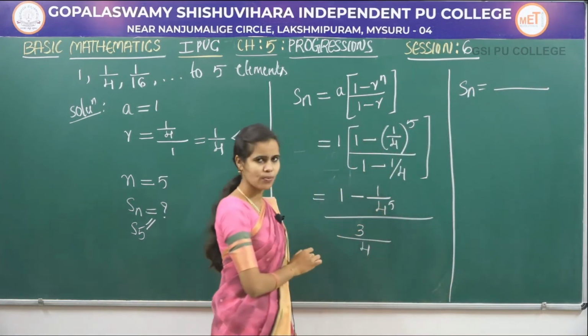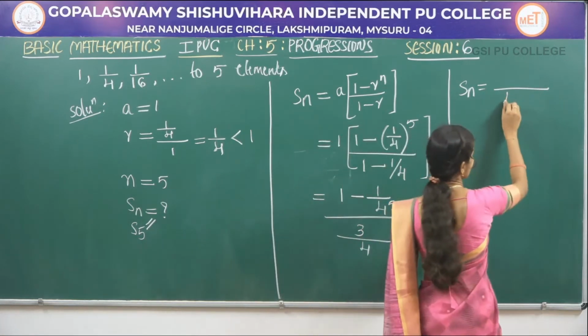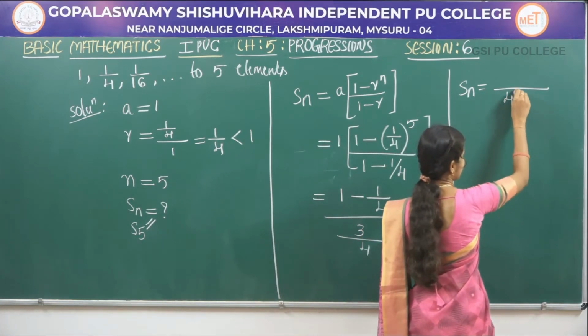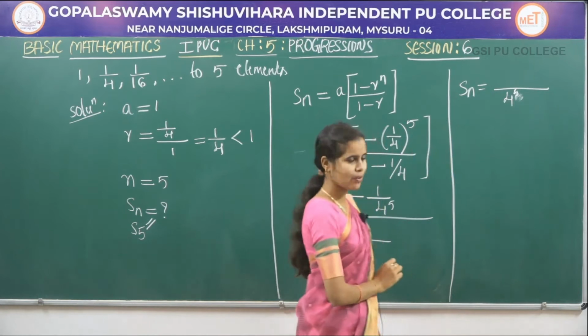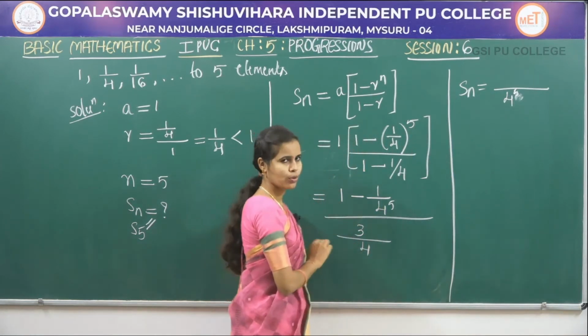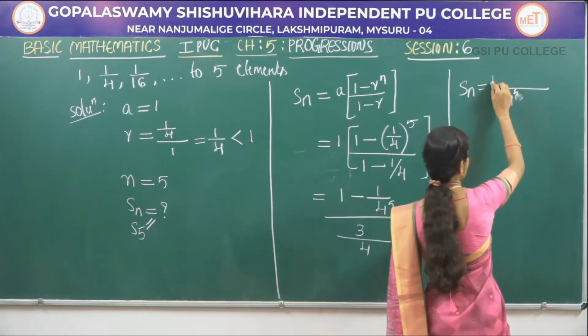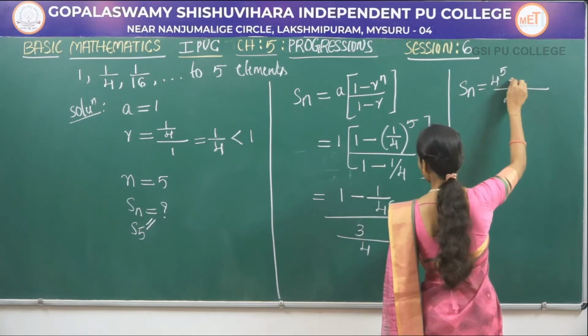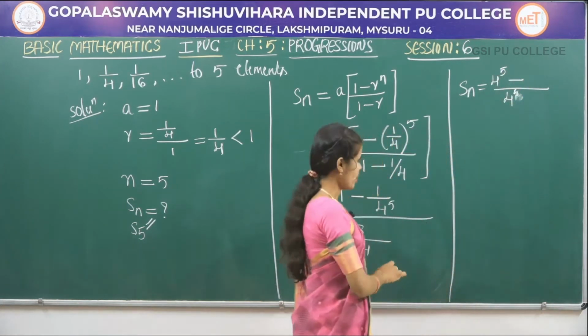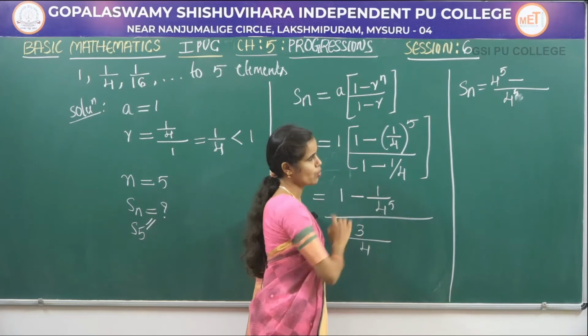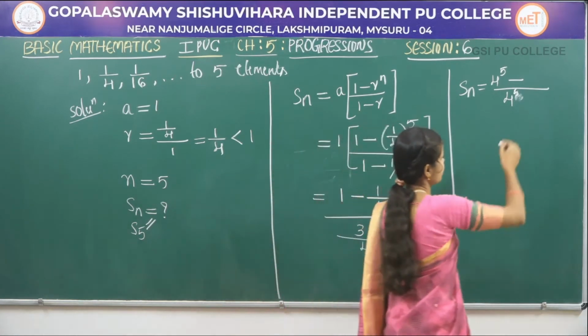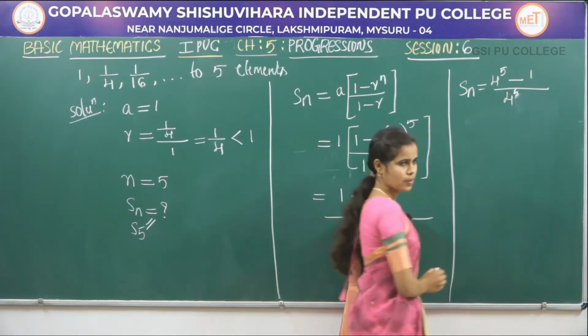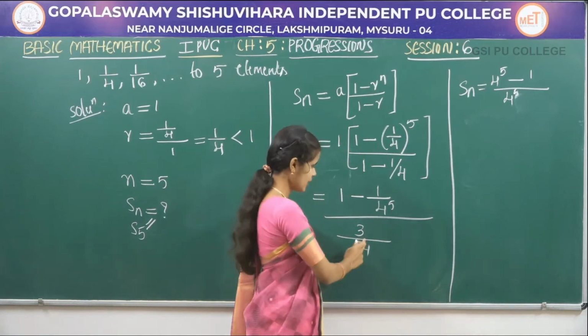So LCM is 4 to the power of 5. Next multiply each term by 4 to the power of 5. So 1 into 4 to the power of 5 is 4 to the power of 5, minus 1 by 4 to the power of 5 into 4 to the power of 5 is 1. Okay, next divided by 3 by 4.